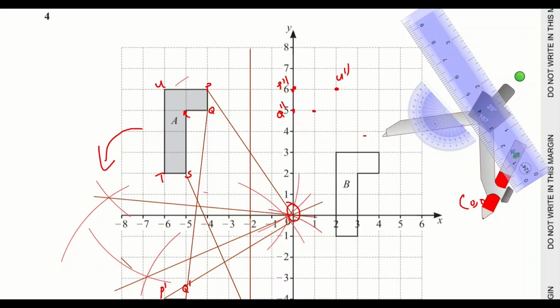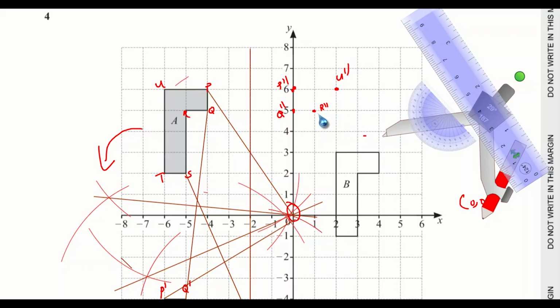So this will be R prime prime. Then you can connect them together. Then the next one will be these two, S rather. You see this will be in line with R prime. You can just say 1, 2, 3.